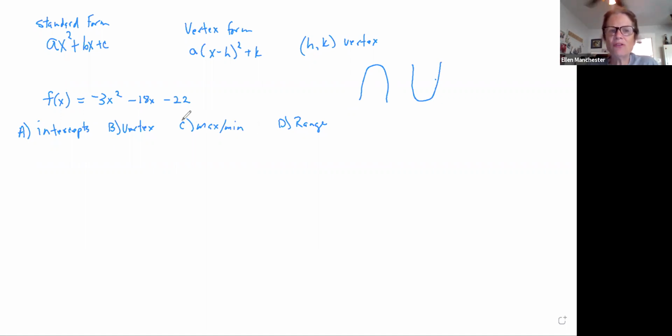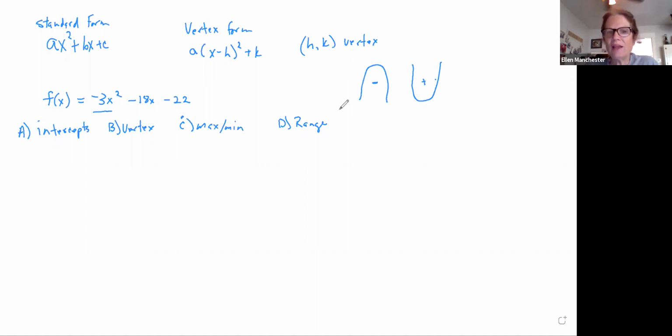So this third question, max or min, is all based on this first term. If that first term is a negative, which this one is, then your parabola is going to go down. Think of it like a sad face. If that first term is positive, it's going to be a happy face.